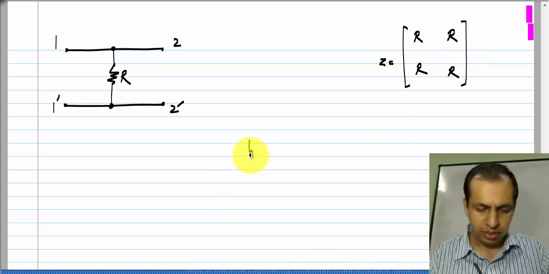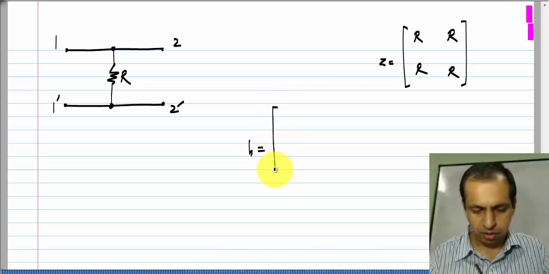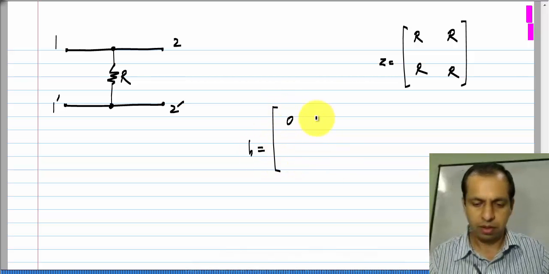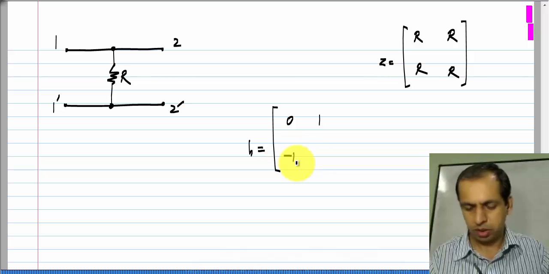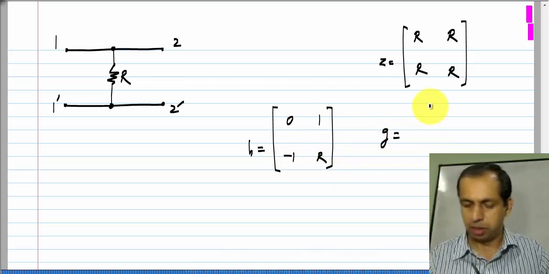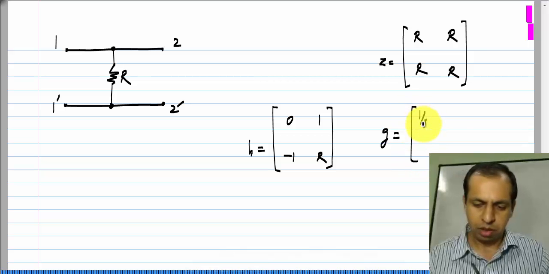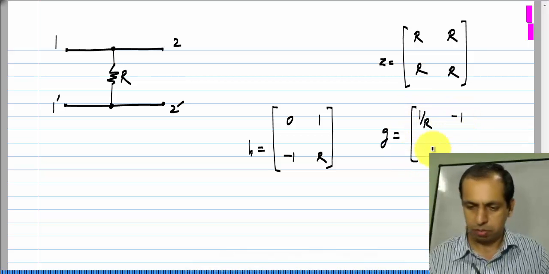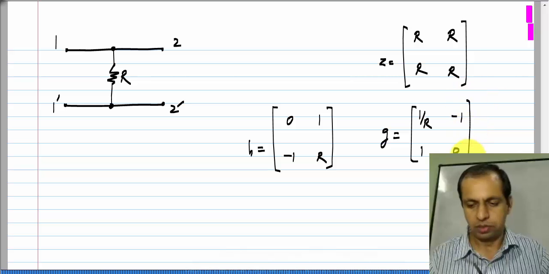Okay. The h parameters will be 0, 1, minus 1 and r, and the g parameters will be 1 by r, minus 1, 1 and 0.